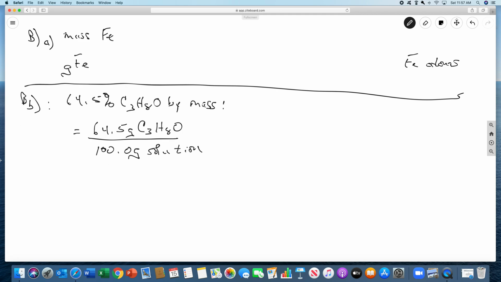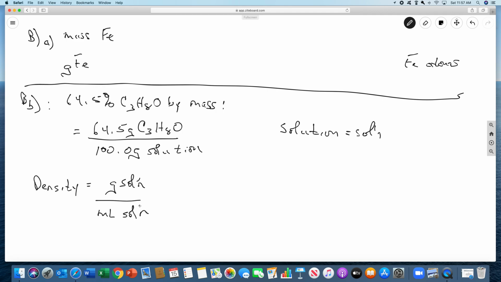Now what we did first is get the density of that solution. And so density is going to be in grams of the solution, so the density is going to be grams of the solution per milliliter of the solution.